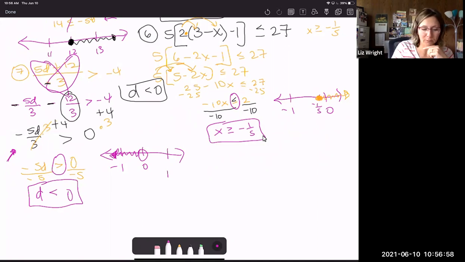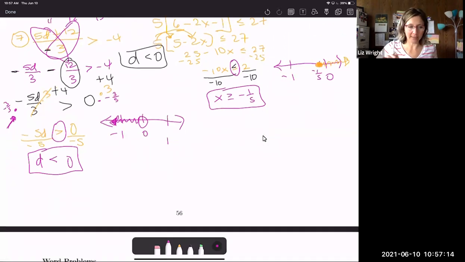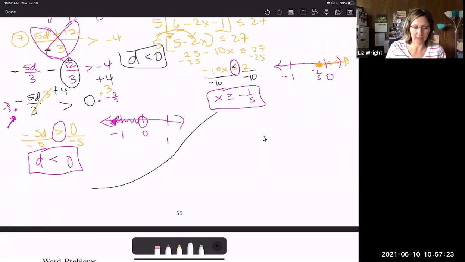You would multiply this side by negative 3/5, and then at that point, you would flip your inequality. And 0 times negative 3/5 is still 0, so you would end up with d is less than 0. Again, it depends on what you see mathematically as you're solving your problems. There are so many ways you guys can approach these.